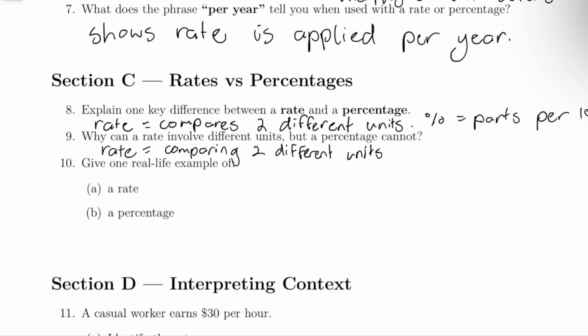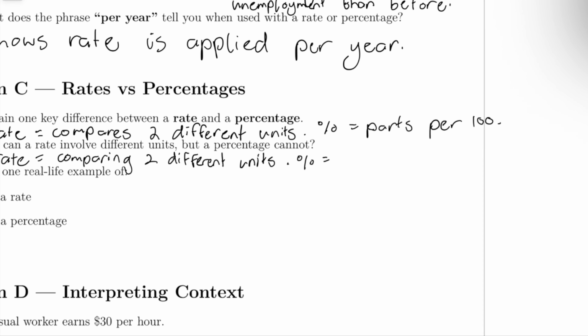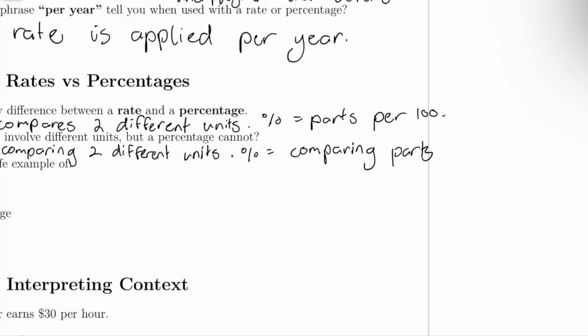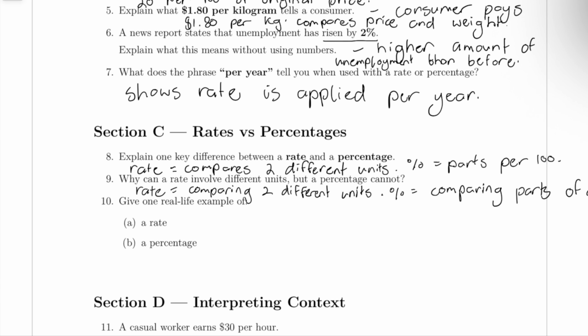But with percentages, you're only comparing parts of a whole. So say 15% of $20. There's no two different quantities, it's only one.